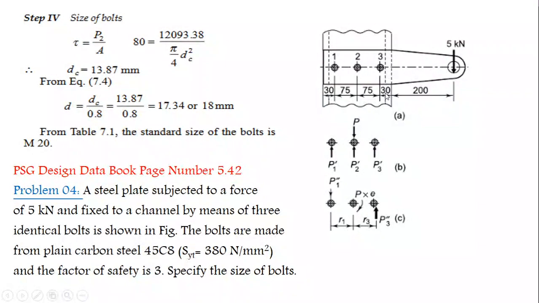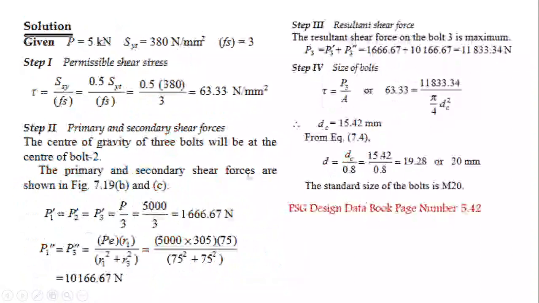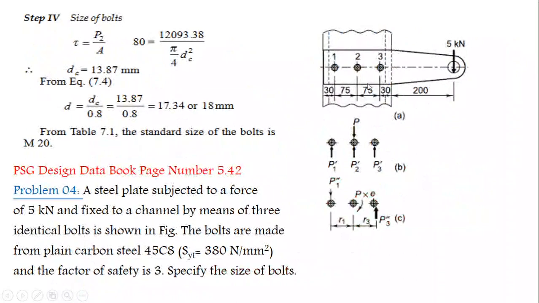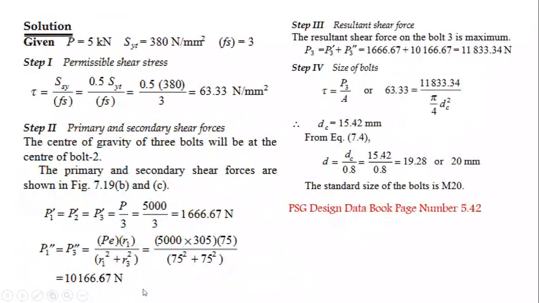So 230 plus 75, 305. The center of gravity point is 305 millimeter. You can apply here 305 into R1 value 75, divided by 75 squared plus 75 squared. R1 and R3 values are 75 respectively. Apply these values in this equation and you can find the secondary shear force.